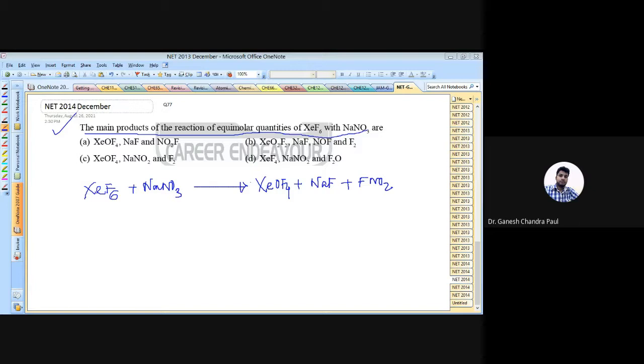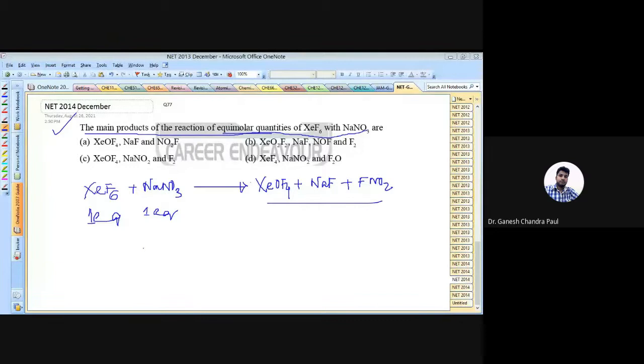Now if you add extra sodium nitrate, in that particular question the main product of the reaction is for an equimolar quantity. That means if you take one equivalent of xenon hexafluoride and one equivalent of sodium nitrate, you will get this product. But if you change the ratio of the reactants, what is the expected product?